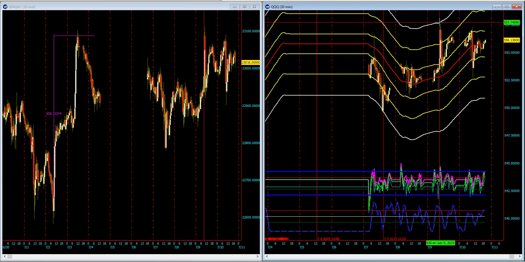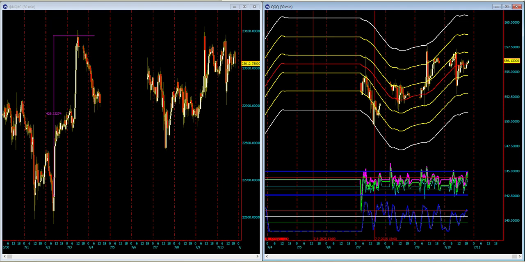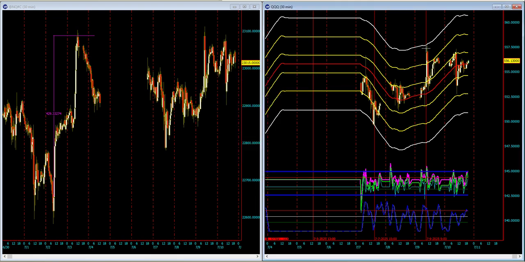Here we are on the top again. Okay, so when we are on the top again, everything's aligned, both are going down, and we put our positions in.